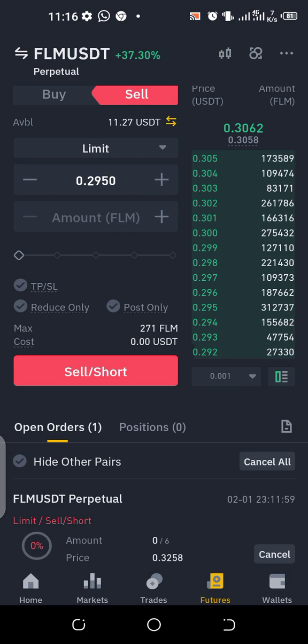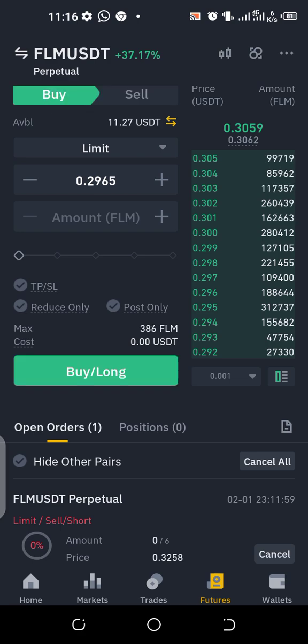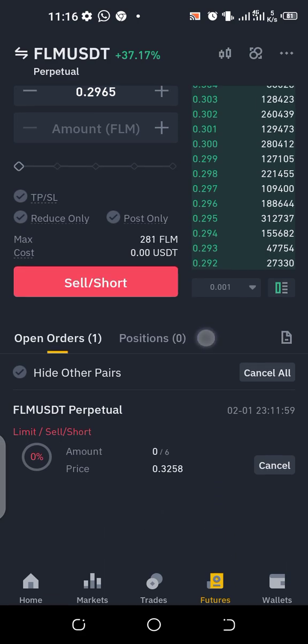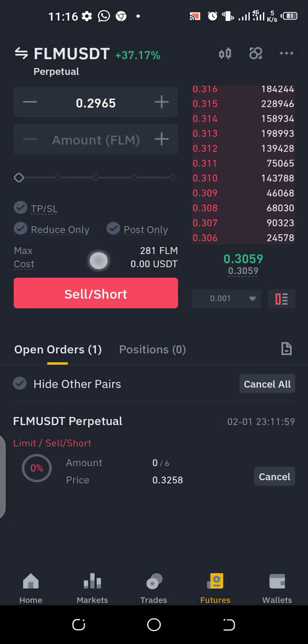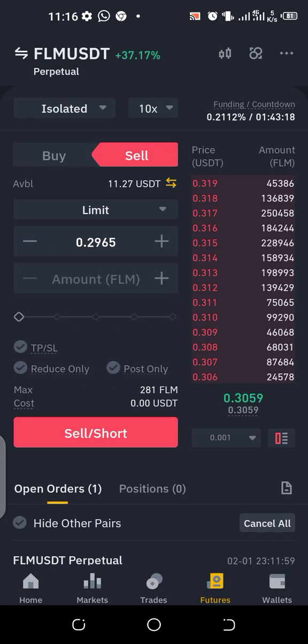I can place my buy order at 296, just above 295, and I'll usually add 1, 2, 3, 4, 5, half the denomination. So I can place my buy order there at 0.2965, and if it's a sell order, I can place it just below the next available resistance line.